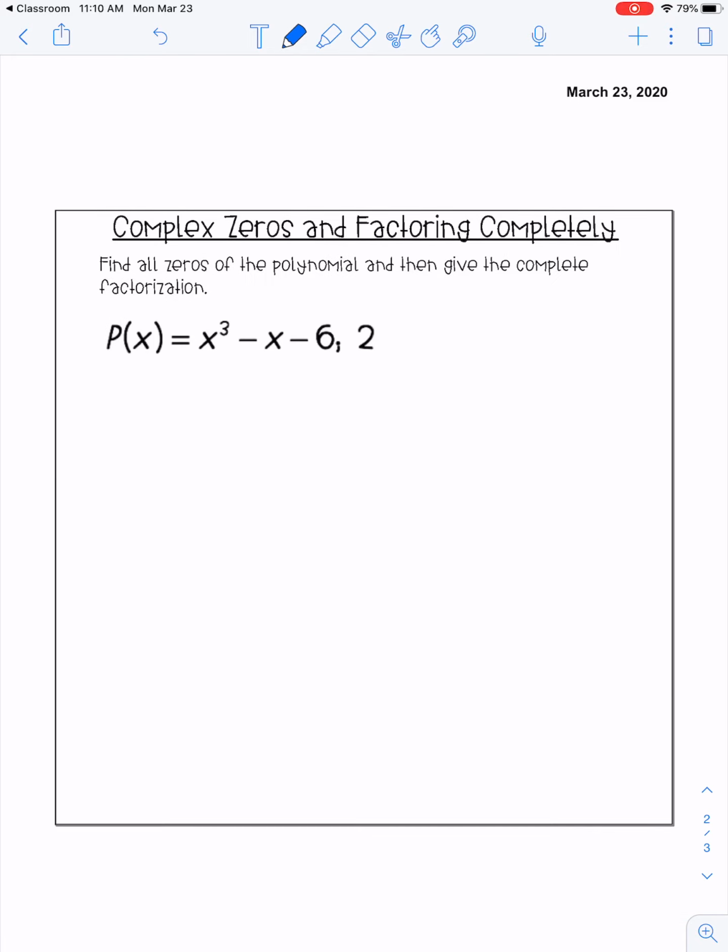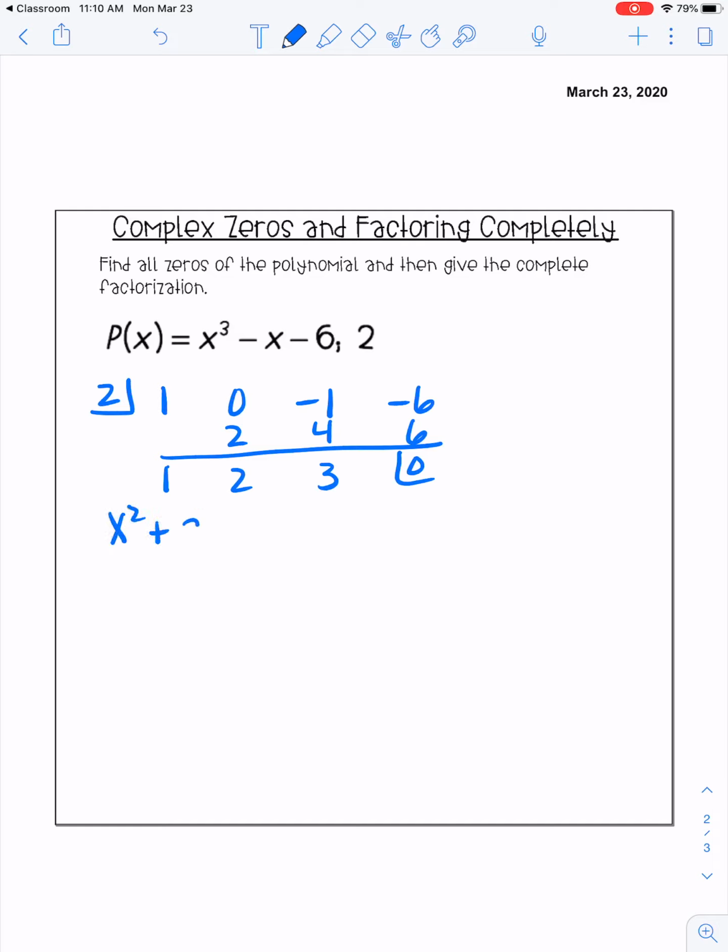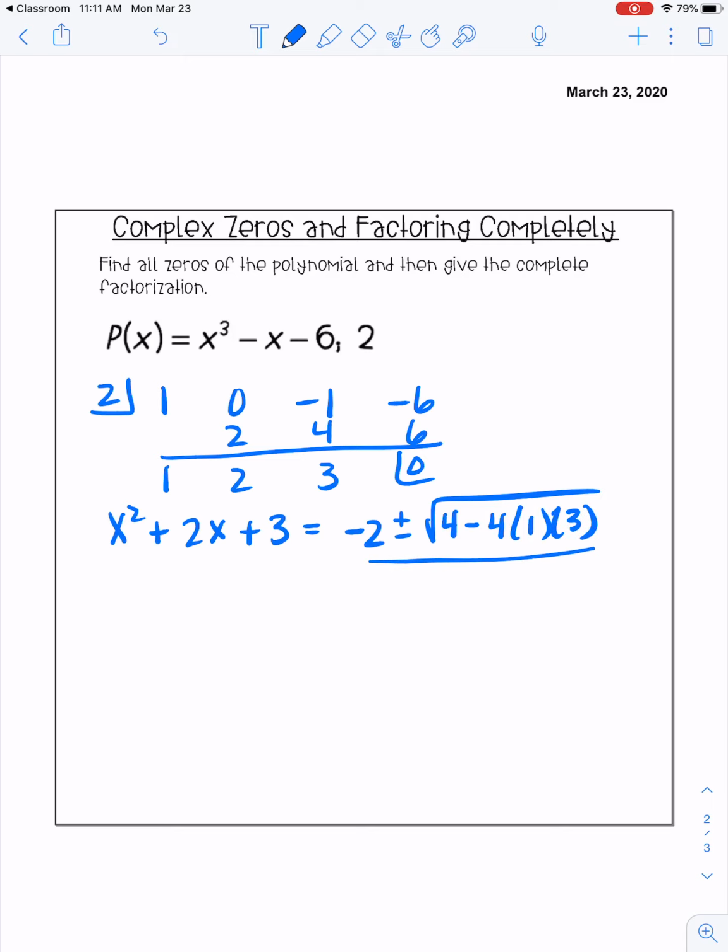Here's also cubic, but I gave you a 0 at 2. So I have 1, 0, negative 1, and negative 6. Okay, I get 0. So I'm left with a quadratic, x squared plus 2x plus 3. Not factorable. So I'm going to do negative 2 plus or minus the square root of 4 minus 4 times 1 times 3 all over 2.